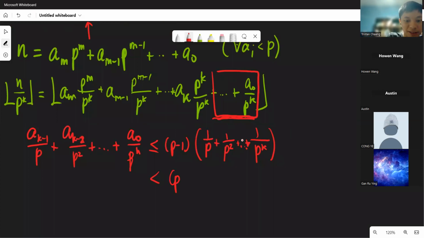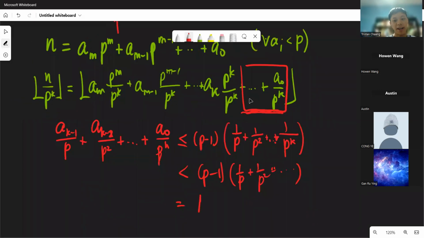So this is less than the infinite sum from 1 over p squared, blah blah blah. And of course, as you said, this is 1 over p minus 1, and hence this is equal to 1.